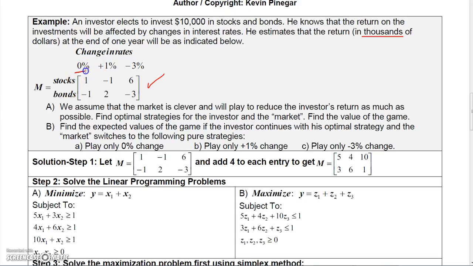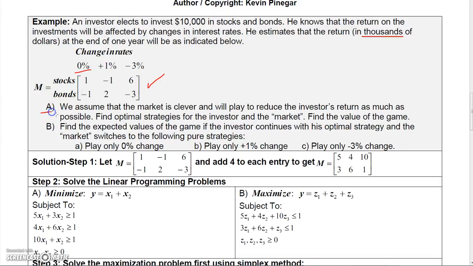If there's a 0% change, he expects a return of 1,000 in stocks and minus 1,000 in bonds. If there's a 1% change to the positive, he expects to lose 1,000 in stocks and gain 2,000 in bonds. If there's a minus 3% change, he expects 6,000 in stocks and minus 3,000 in bonds.